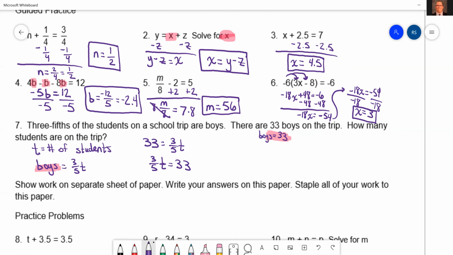So this one doesn't quite look like one we've done as far as the fraction. When we have a fraction like this times a variable, we multiply by what's called the reciprocal, meaning you flip it. And it'll be flipping awesome.